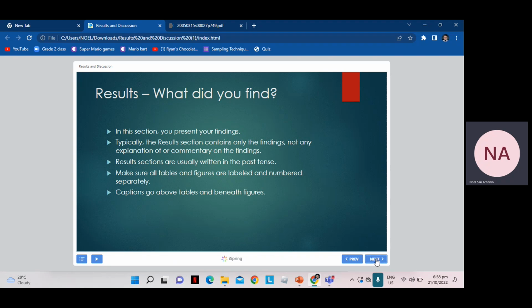Now, aside from that, the results section is usually written in the past tense because you already did your research. Tapos na yung research eh. And make sure all the tables and figures are labeled and numbered separately. But dito hindi naman kayo mahihirapan because in your IMRaD format, you will not be presenting any figure.